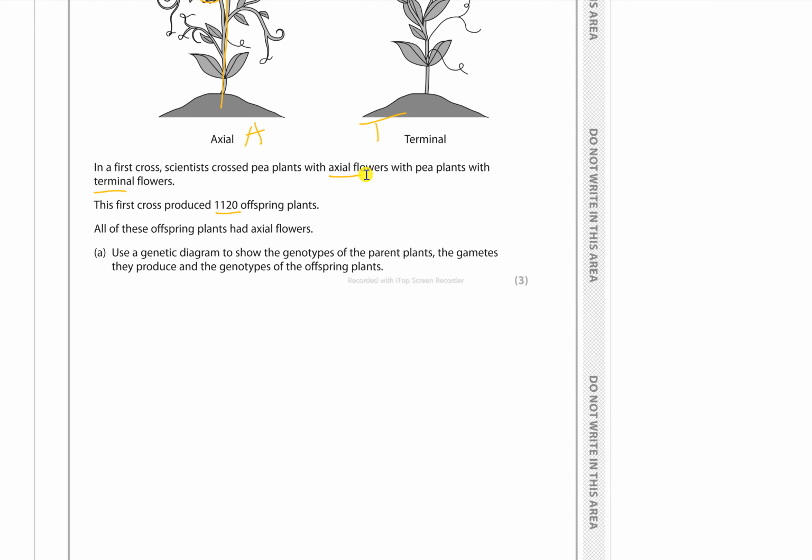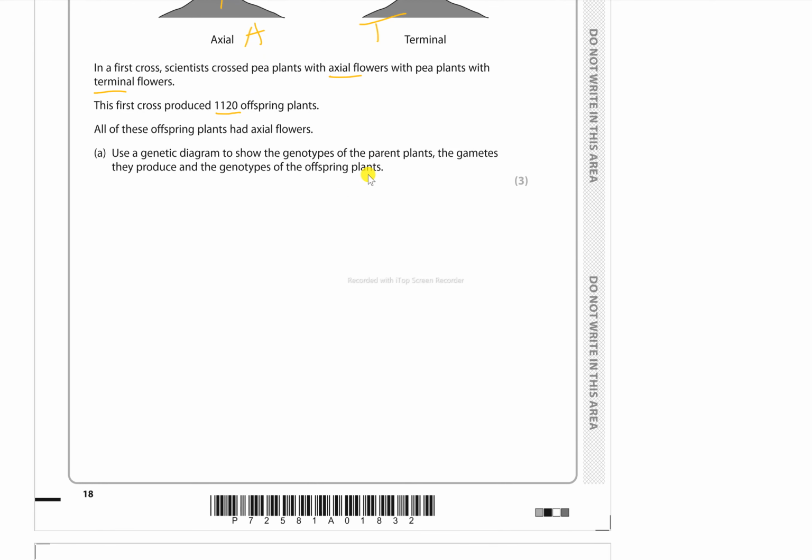Okay, so what we do is we draw some sort of table like this. There's two ways of doing this. We can say the parents' genes or gametes, so axial and terminal. Axial we'll call A, and terminal we'll call a.